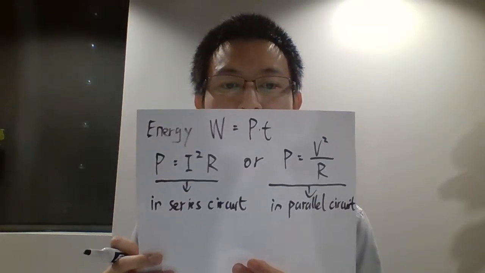Personally, I would say this P equals I squared R is used in series circuits more, and P equals V squared over R is used in parallel circuits more.